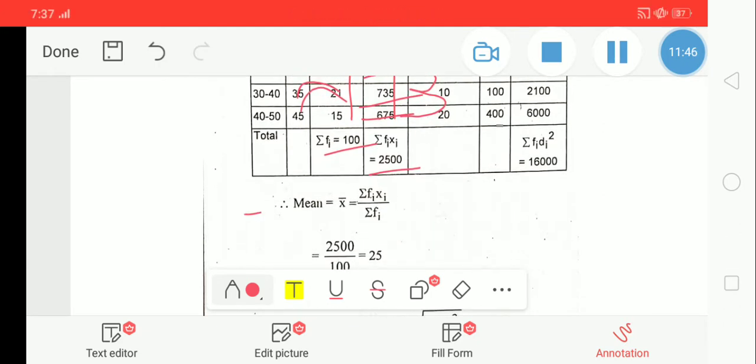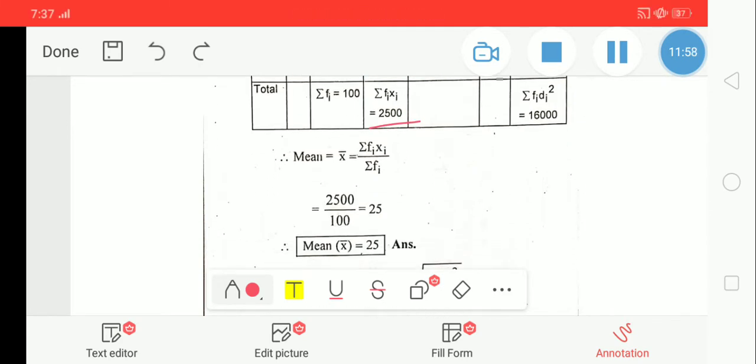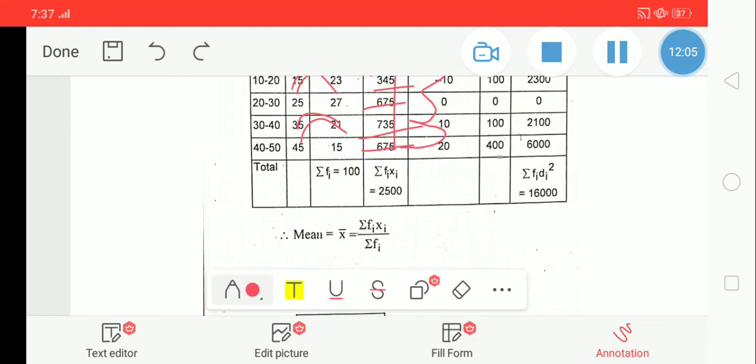Now it is easy to find the mean: x bar equals summation of fi xi divided by summation of fi, 2500 divided by 100, so the zeros cancel and the mean x bar is 25.